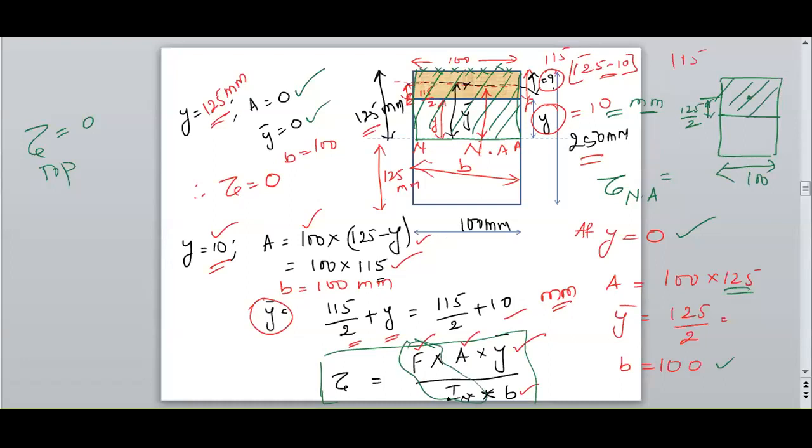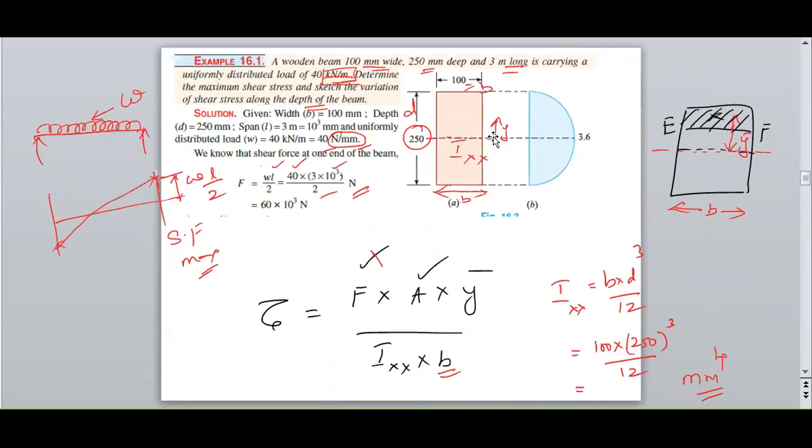Therefore, we get the shear stress values while y is varying. I need to vary y and draw the shear stress distribution along the varying y.